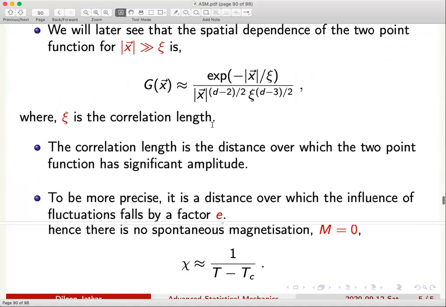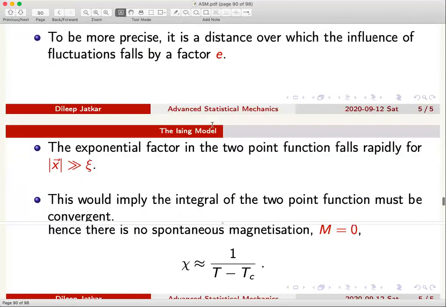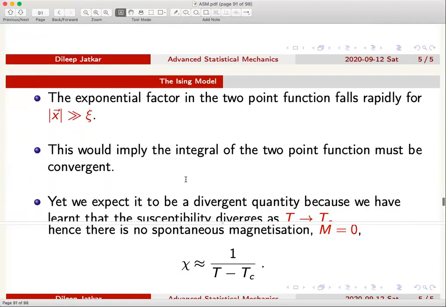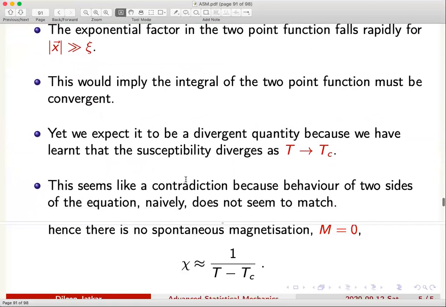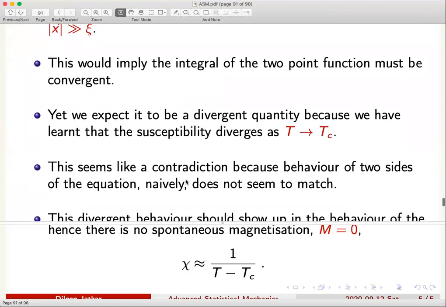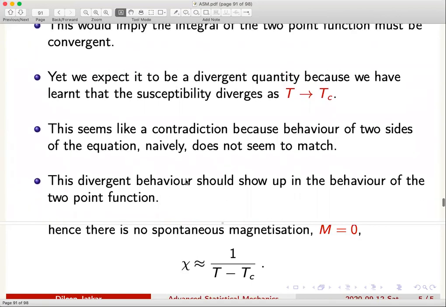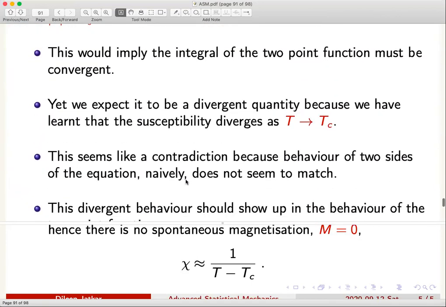Well, this can happen only under the following circumstances. This may seem like a contradiction, but we will see that the system has to show some divergent behavior in the 2-point correlation function, and this divergent behavior will show up only when c goes to infinity.